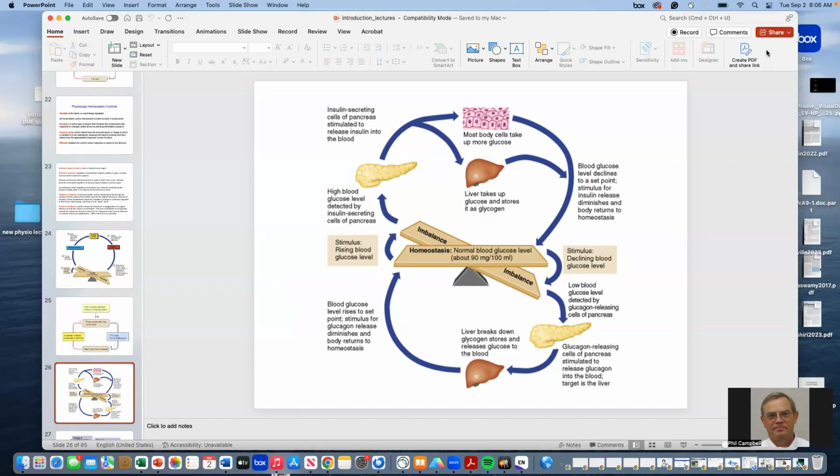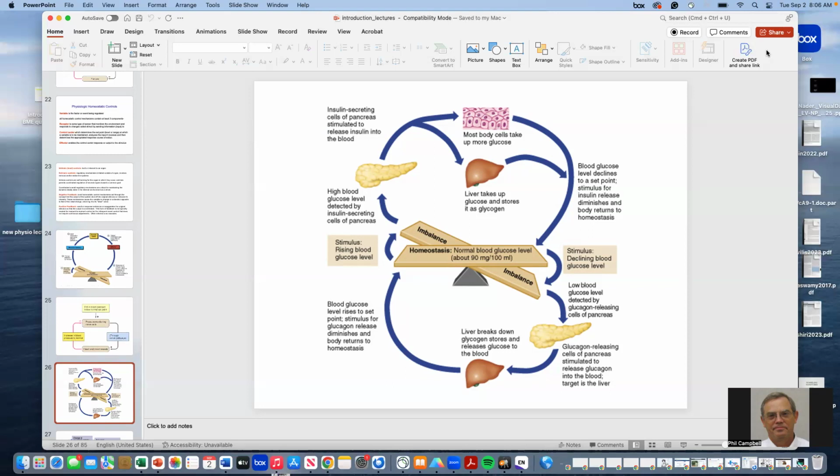It either increases or decreases. It cannot do both. Just like your HVAC system, you have two effectors. You have a heating unit, you have a cooling unit. You can only use the cooling unit to reduce temperature. You can only use the heating unit to increase temperature. You can't use one to do the other. No different in physiological systems.